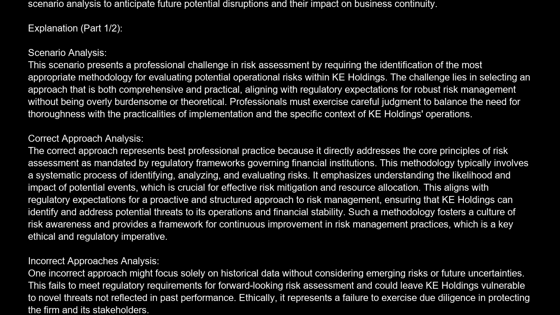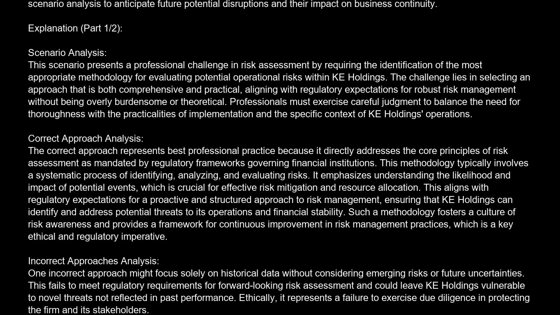This aligns with regulatory expectations for a proactive and structured approach to risk management, ensuring that KE Holdings can identify and address potential threats to its operations and financial stability. Such a methodology fosters a culture of risk awareness and provides a framework for continuous improvement in risk management practices, which is a key ethical and regulatory imperative.